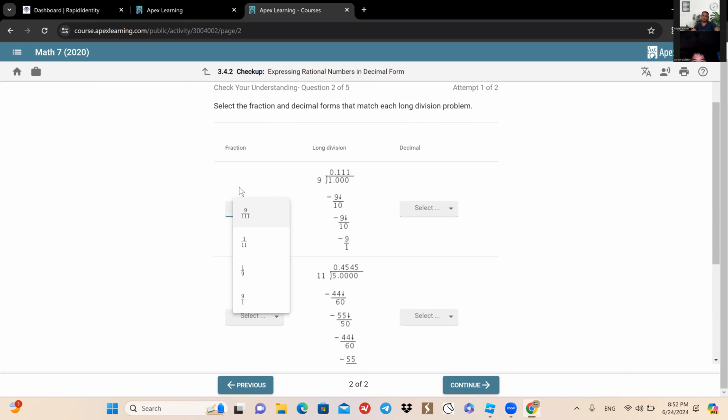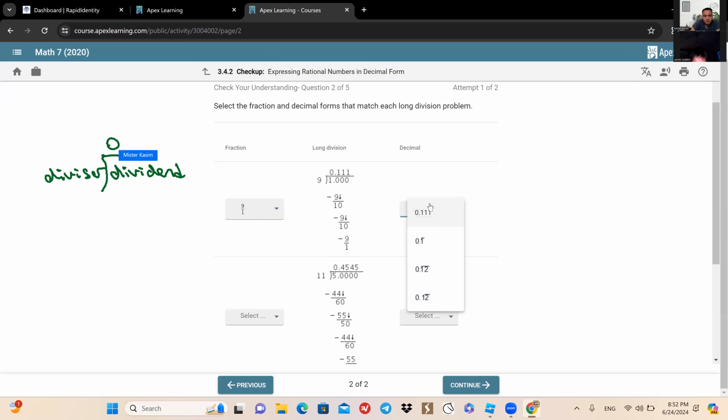The fraction here is 1 over 9. Wait, but that'd be 9 over 1, right? No, you are dividing. Let me just go here. Here we have the dividend, and here we have the divisor.